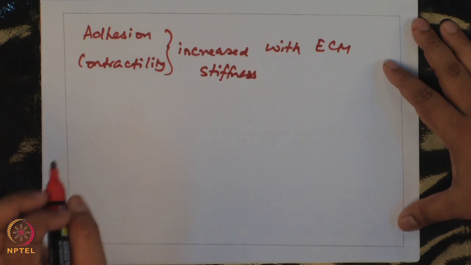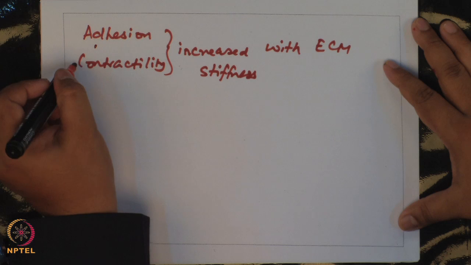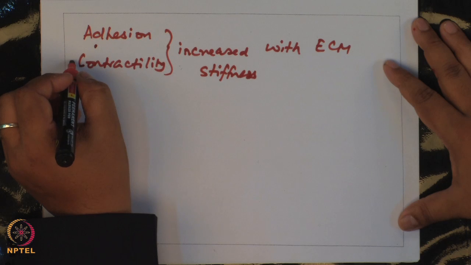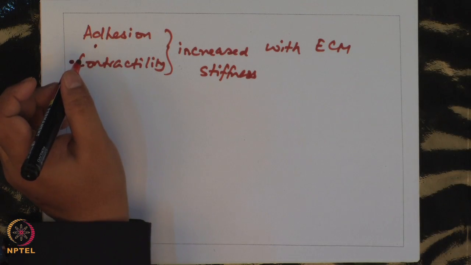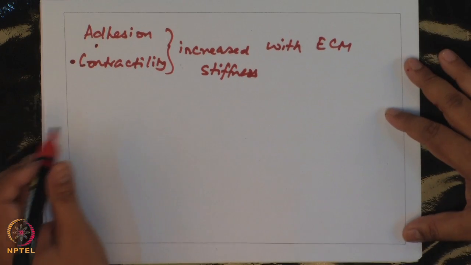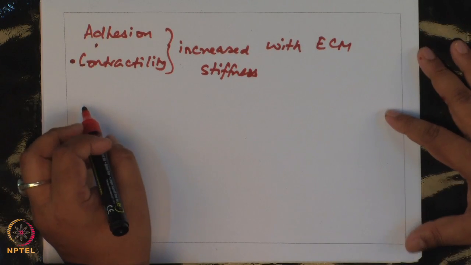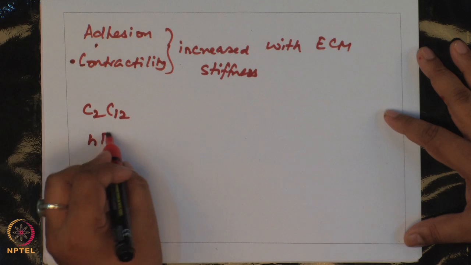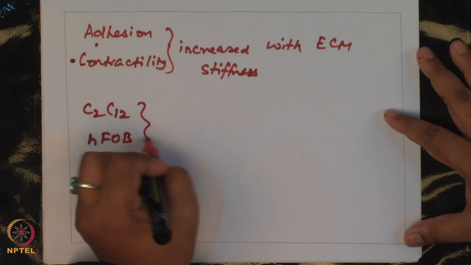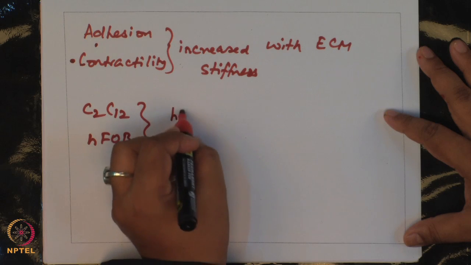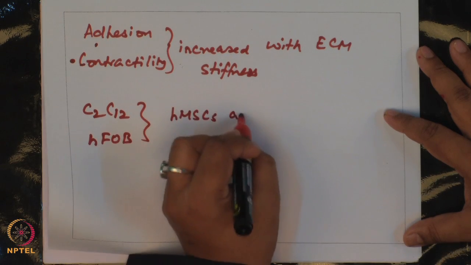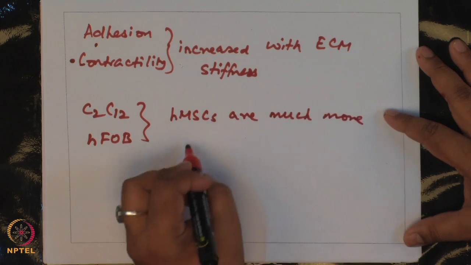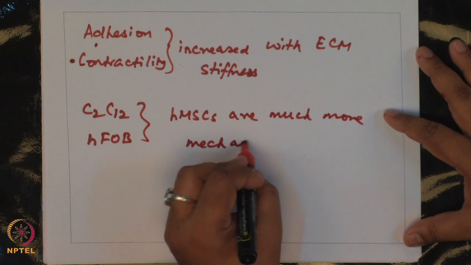You see stronger adhesions, and stronger adhesions are required to stabilize stronger contractile forces exerted by the cells. The authors also observed that, in comparison to mature cells like C2C12 or HFOB, which are muscle cells and osteoblasts, stem cells, HMSCs, are much more mechanosensitive.